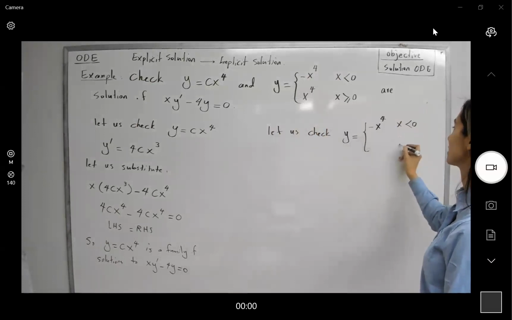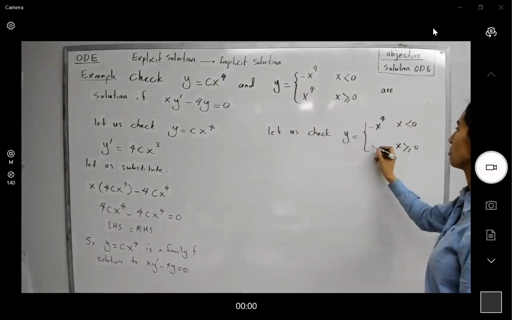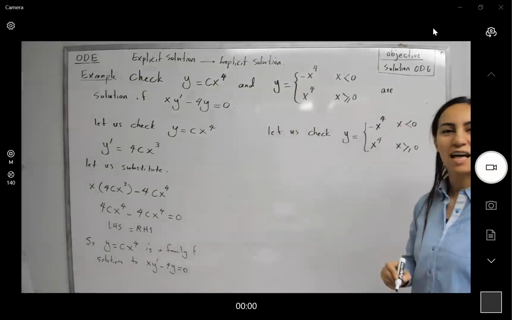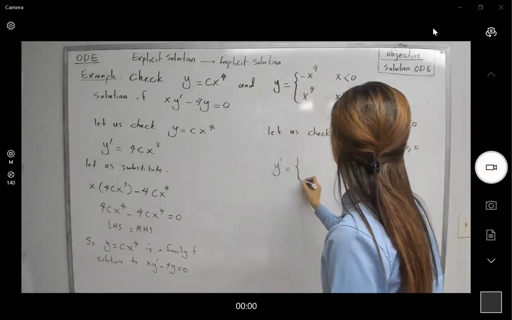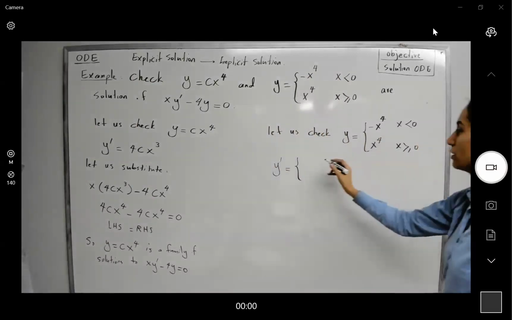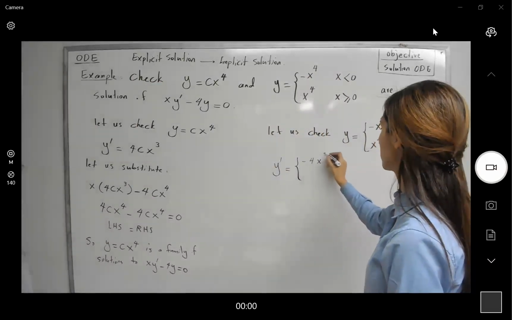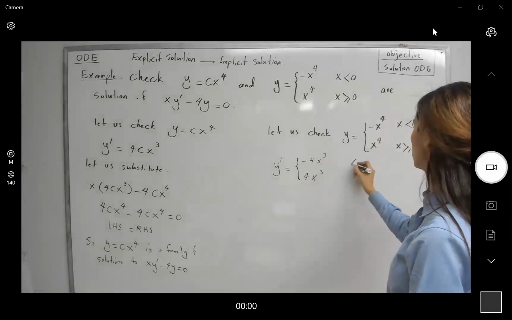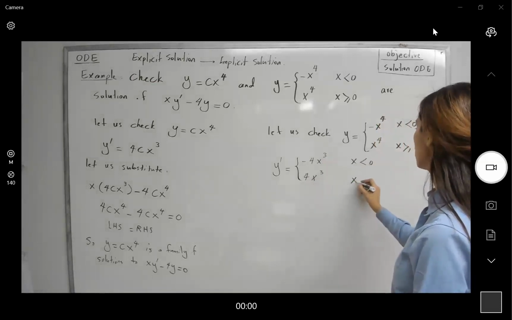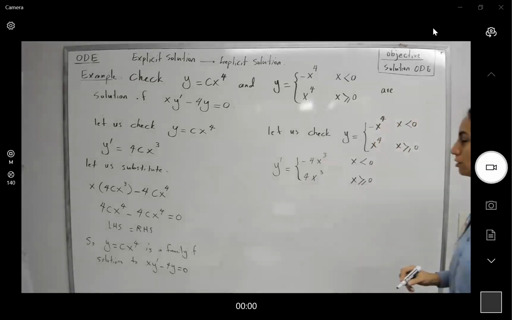If it satisfies the differential equation, we call it a particular solution because it doesn't have any parameter. So y prime is equal to the derivative, negative 4 x to the third when x is less than 0, and 4 x to the third when x is larger than or equal to 0.